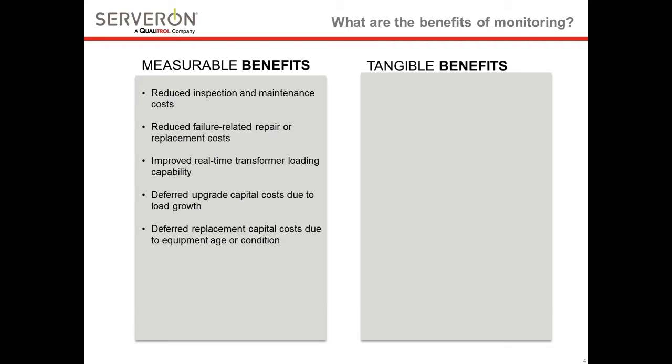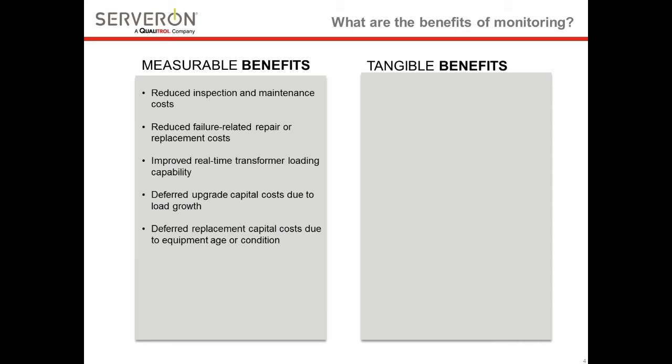To start with measurable benefits, there are reduced inspection and maintenance costs associated with having monitoring in place. It would be envisaged that there is reduced inspection required and associated reduced maintenance.